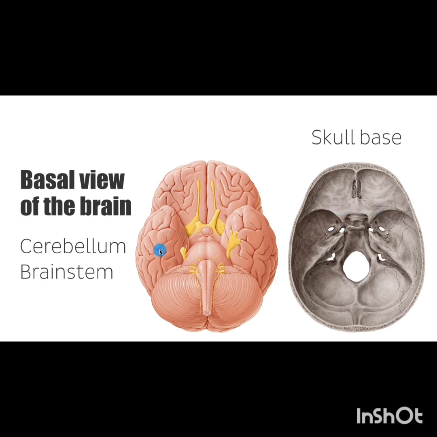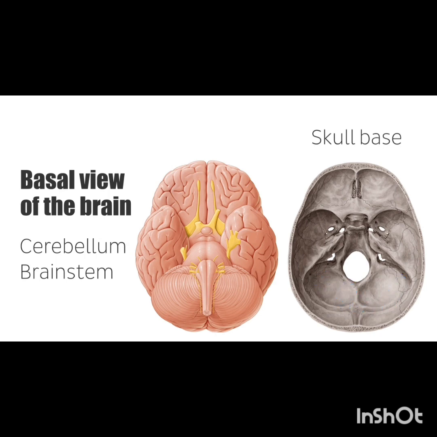Then you see that the temporal lobes are located in the area known as the middle cranial fossa. And on this area, you can see that this structure will fit in perfectly. So the cerebellum is found in the posterior cranial fossa.